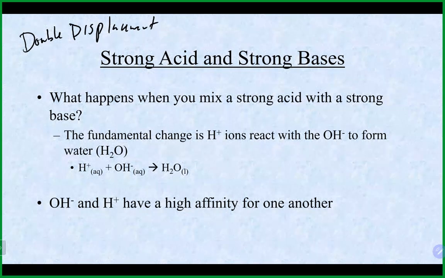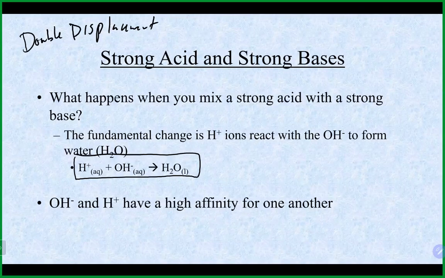The net ionic equation for any combination of strong acid and strong base is the H+ from the acid reacting with the OH- from the base to make water. And a reminder that making of water is one of the 3 reasons why a reaction takes place.